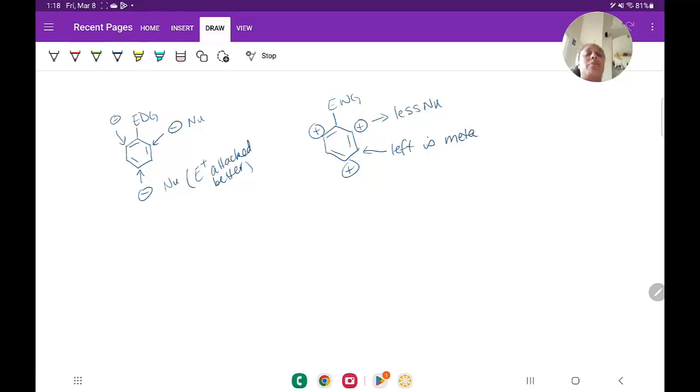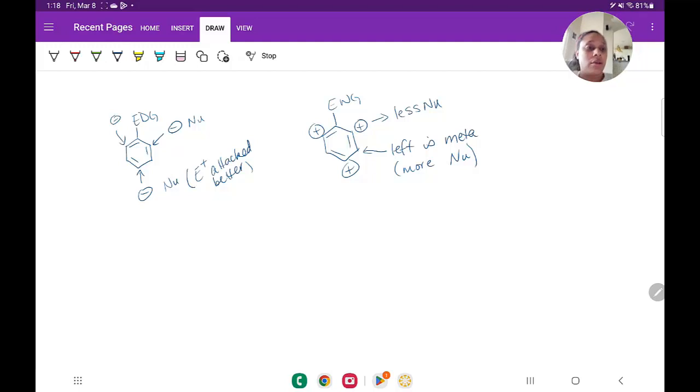So there are fewer positions available, but those are going to be the positions that are a little bit more nucleophilic. And not more nucleophilic because of resonance making them more nucleophilic. It's just that they're not as positive.